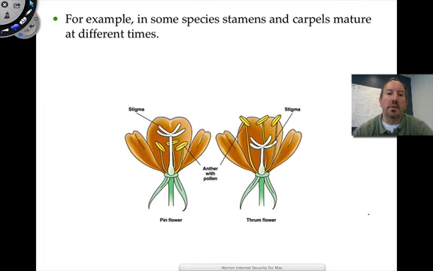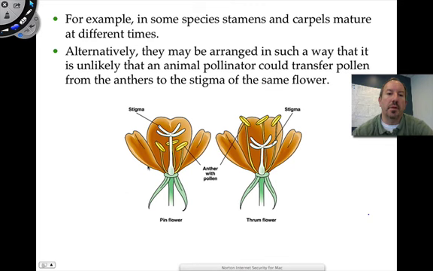One of them is even in a bisexual plant, sometimes, check this out, the anther and the carpel mature at different times. So if they mature at different times, they couldn't possibly fertilize. And then sometimes the way they're structured is arranged in a way that it's unlikely that an animal pollinator could transfer pollen on the same flower because of the location of the anther.